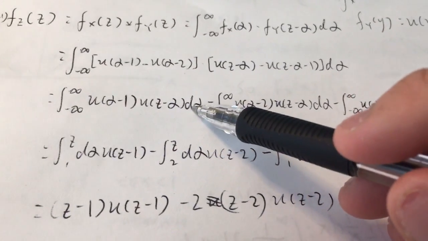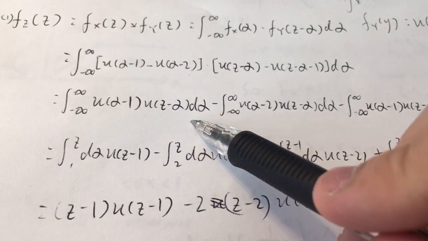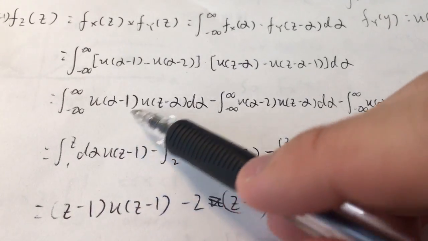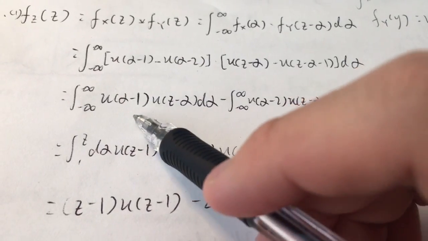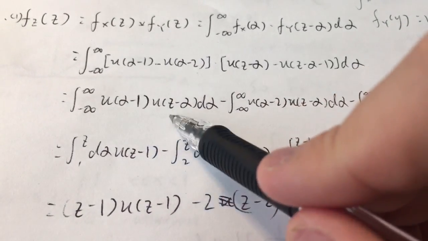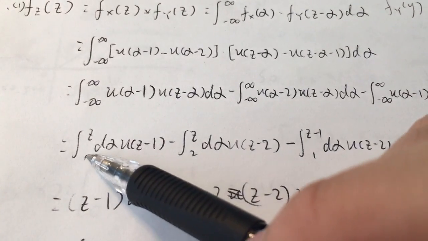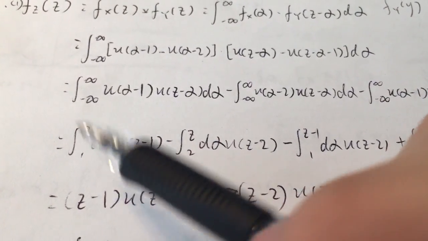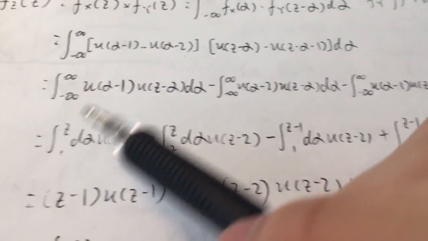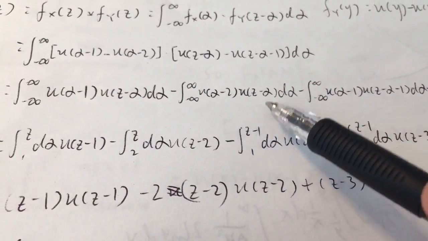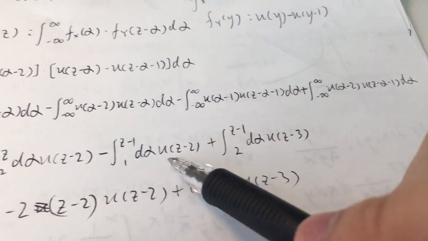For these cases, we just put this into this, and because the interval is from 1 to z, where z is a number we don't know, we got this. For this one, it's 2 to z, and we got this and this and this, in different cases.